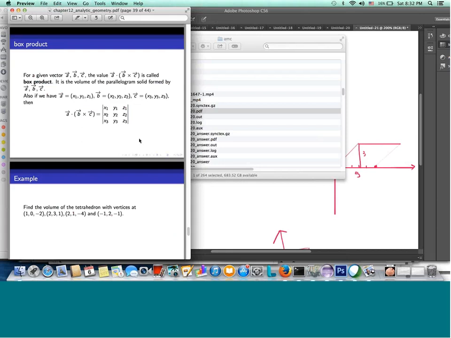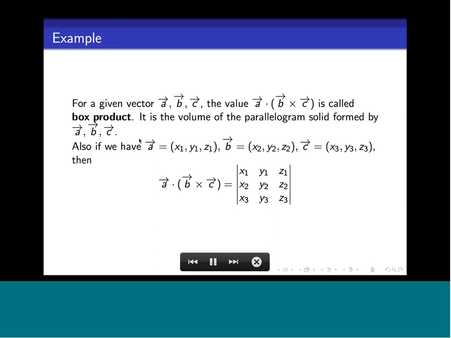Let's do an example to see what that really means. Next time we'll prove this box product. Pretty easy, right? Very easy, because by the definition, A is just x1, y1, z1.